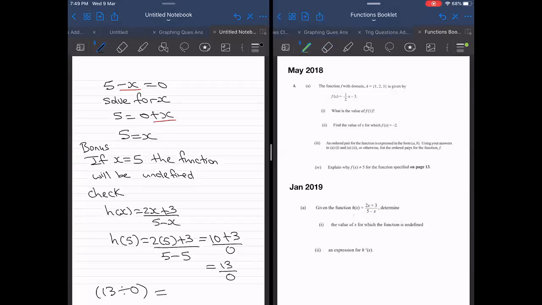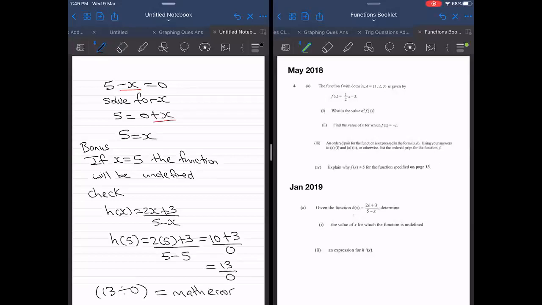What's happening, guys? When you put 13 divided by 0 in your calculator, what are you seeing? Okay, one person is seeing what they should see. What about the others? Yes, it should be saying math error.